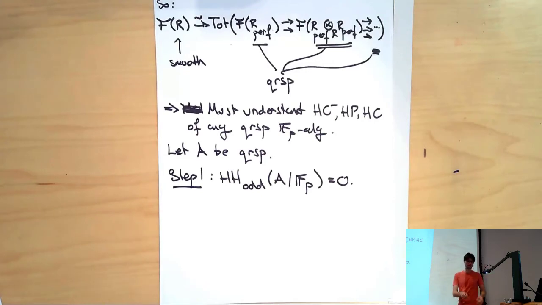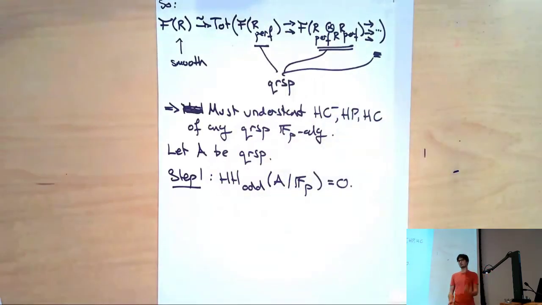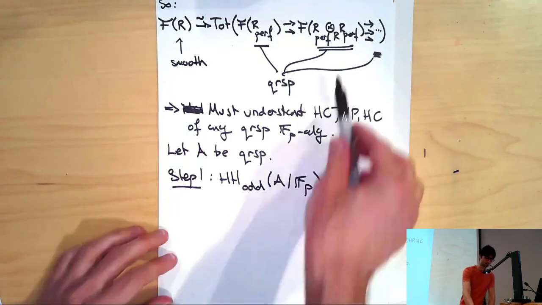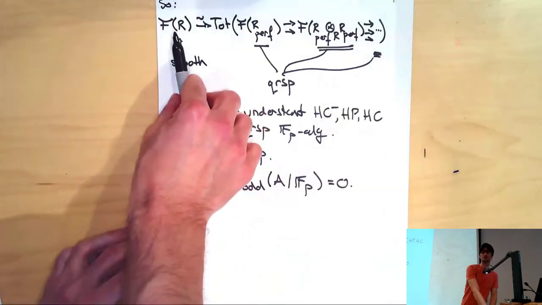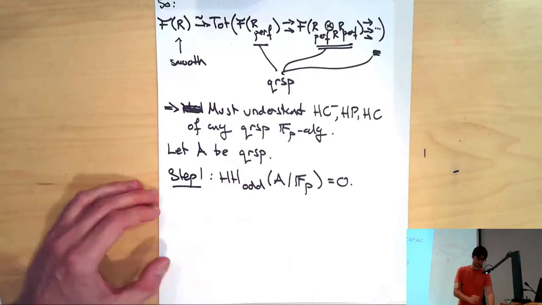So everything that we want to say about all these gadgets appearing on the right-hand side will just be contained in the data of some single filtered ring. And that's ultimately what we'll have to analyze to finally get all the information about the left side. Okay, so the odd ones vanish.